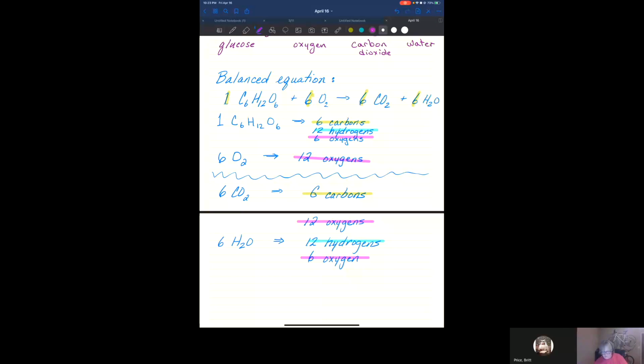So rather than write it out this way, breaking down each substance separately, and then having to combine and say, okay, there's 18 oxygens here, and again 18 oxygens here, it's big and messy. So let's see if we can figure out a different way of doing this.